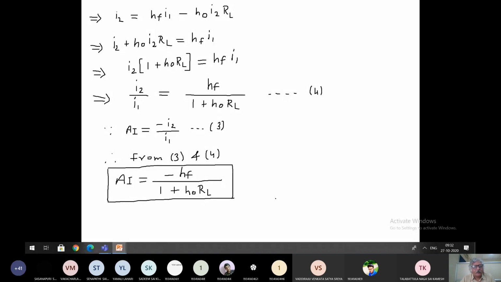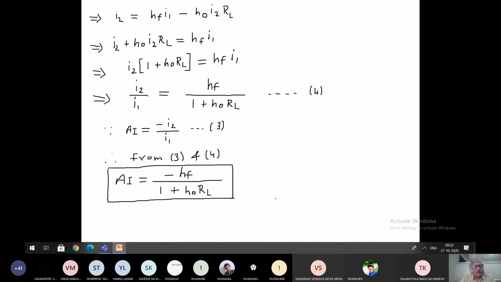Again I repeat, the H parameter model is applicable at low frequency, right? If you are operating your transistor at higher frequency, then you cannot use H parameter, because at higher frequency, the values of the H parameter will become complex numbers.